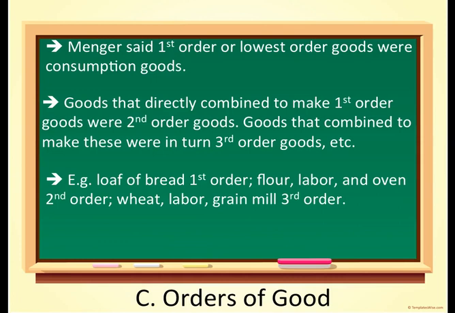But for example, you might say a loaf of bread that somebody's going to eat, that's a first order good, right? So the human need there is hunger. The bread has the physical properties of being able to satisfy the hunger, at least temporarily. The human is aware of that. The human sees the bread and realizes, oh yeah, I'm hungry right now.